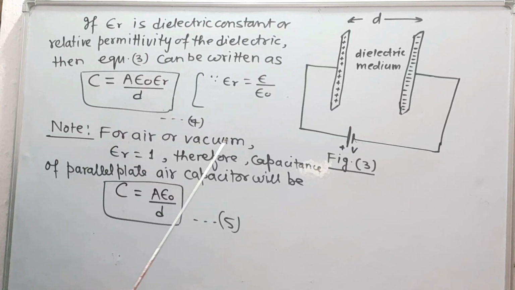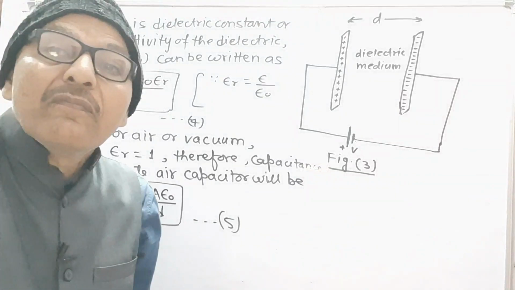Note, for air or vacuum, epsilon R is equal to 1. Therefore, capacitance of parallel plate air capacitor will be C is equal to A epsilon naught upon D, because epsilon R is equal to 1 for air or vacuum.